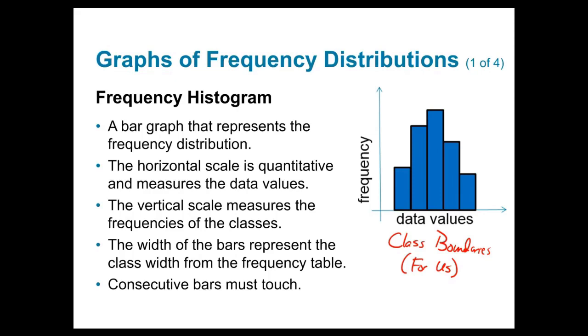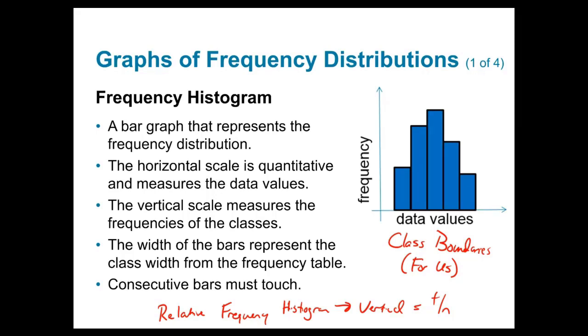And your vertical scale is going to represent frequencies or relative frequencies. On a frequency histogram, it's just the frequencies. If I say a relative frequency histogram, it's the relative frequencies. That's the only difference between the two: what goes on the vertical axis.